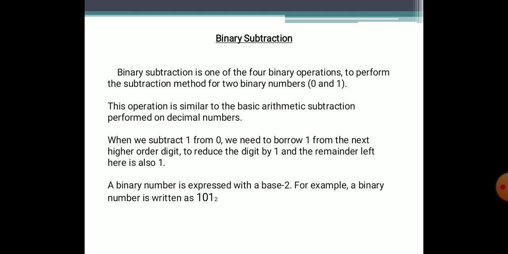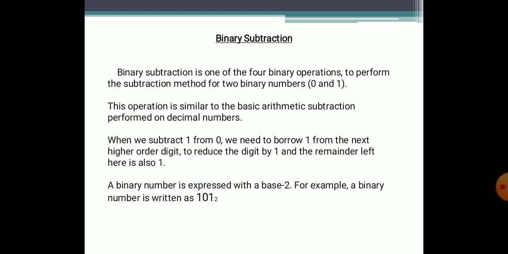So when you subtract several columns of binary digits, you must take into account the borrowing. When 1 is to be subtracted from 0, the result is 1, where 1 is borrowed from the next higher order bit or digit.